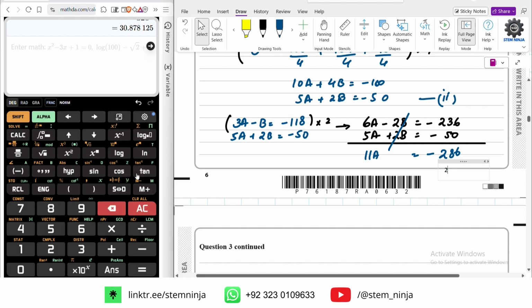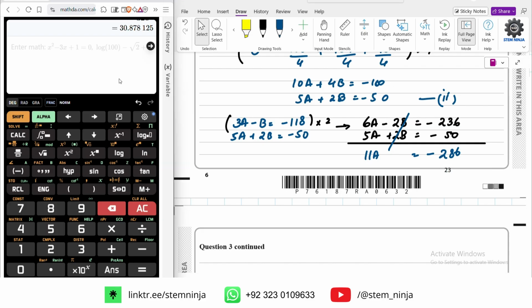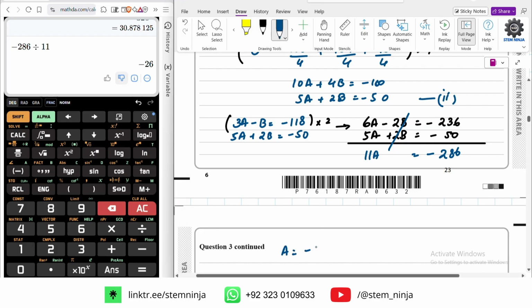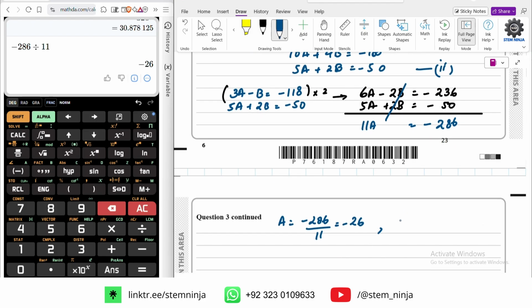So 236 plus 50, right, okay. So minus 286 divided by 11 is minus 26. B, however, would be 3a plus 118.